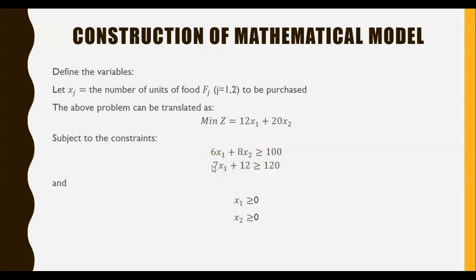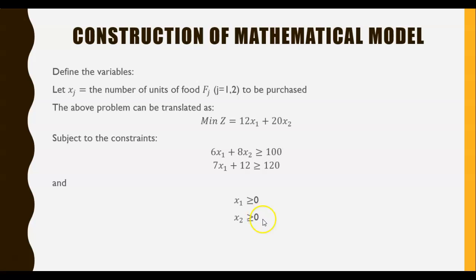Similarly, from the second row of the previous table, we can see that 7 into x1 and 12 into x2 is the intake of vitamin B2 from food F1 and F2, and a minimum of 120 units one should take. And x1 greater than or equal to 0, x2 greater than or equal to 0.